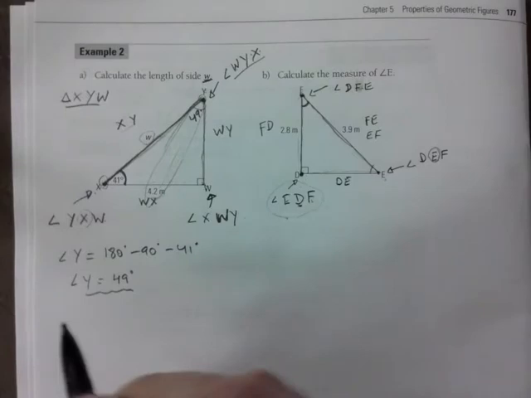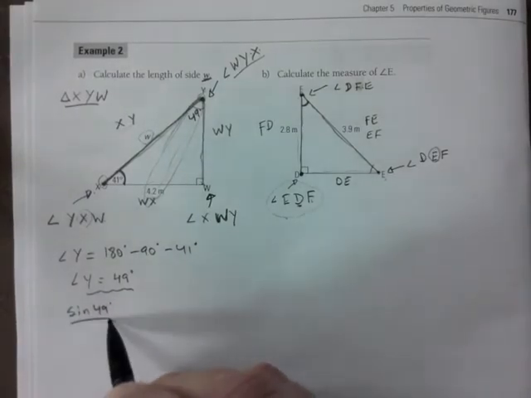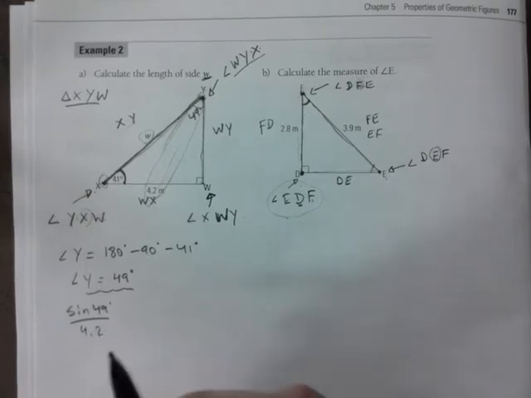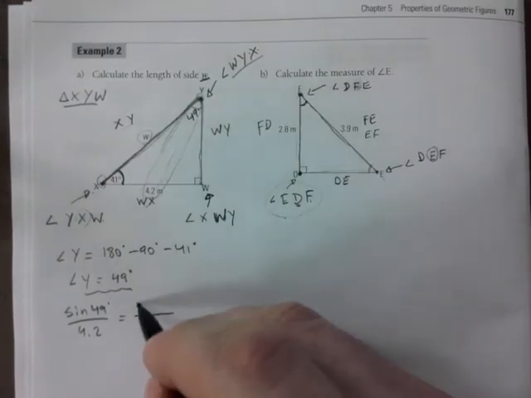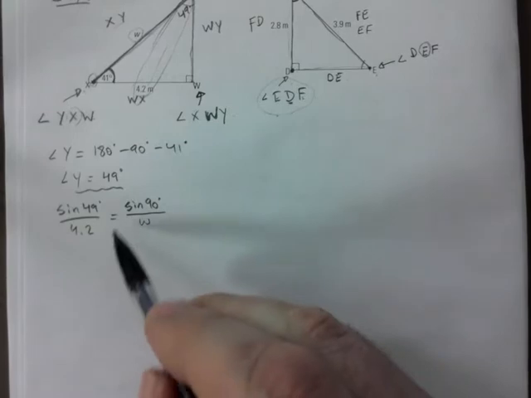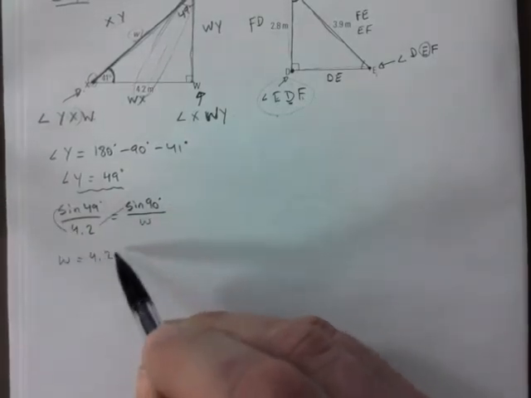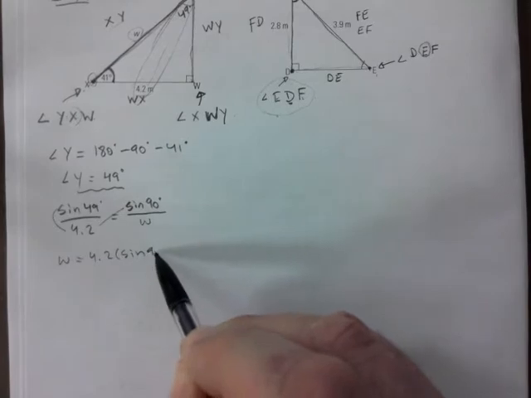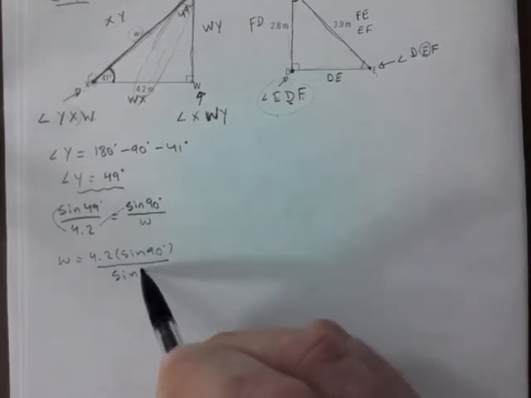And you use that pair like this. And you want to find W, right? So it's sine of 90 over W. And then you cross multiply and divide. So W is 4.2 times sine of 90 over sine of 49.